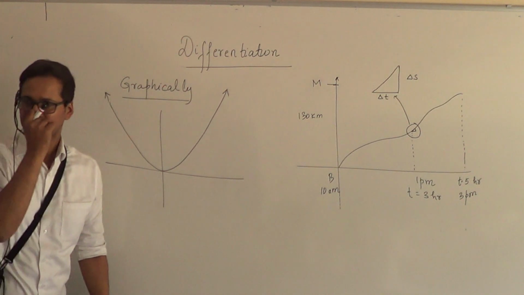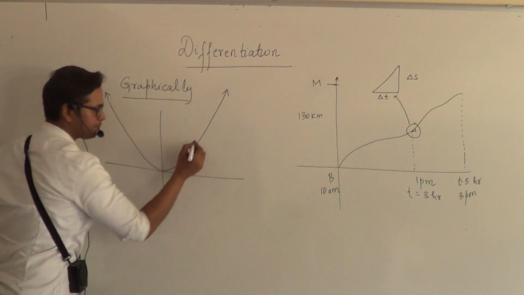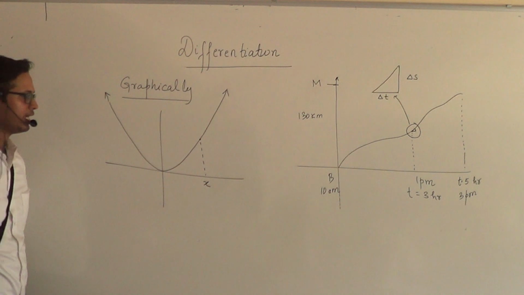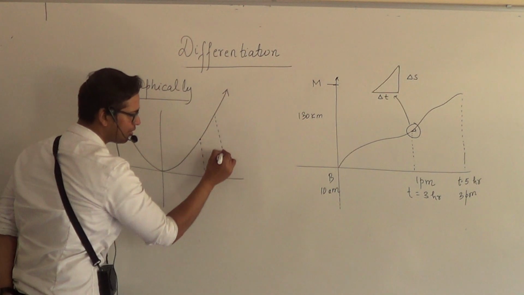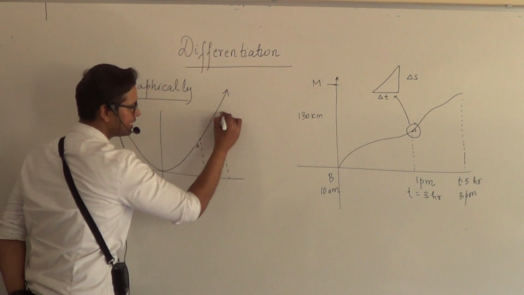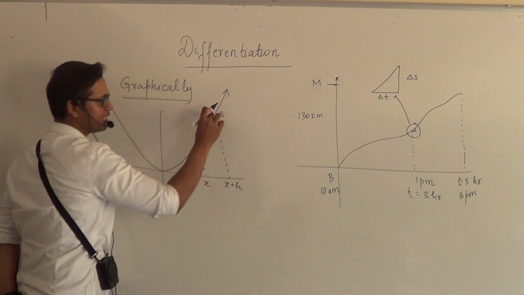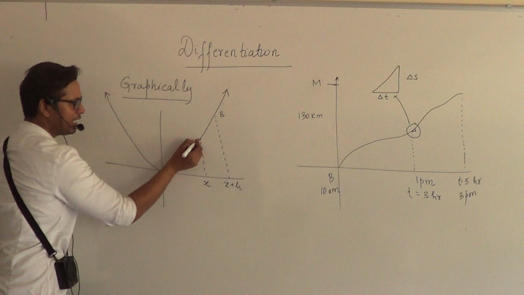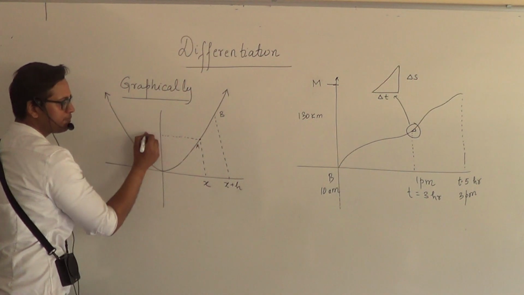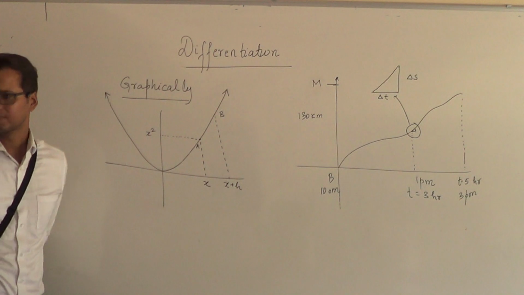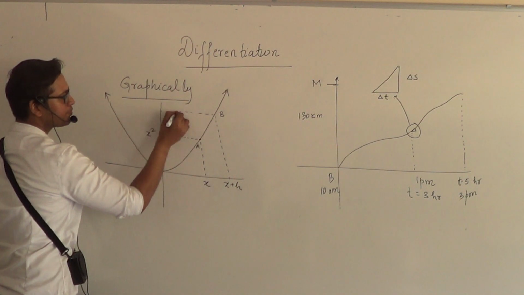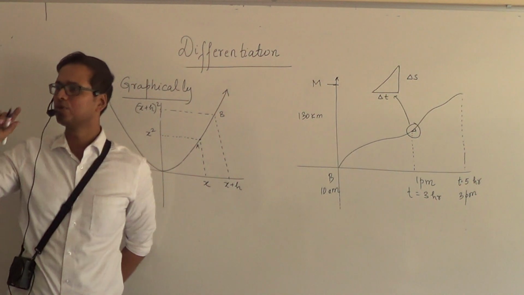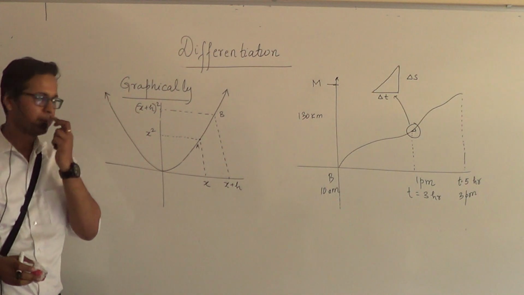On this parabola, take a point A at x, and a point B slightly away from it, with x coordinate x plus h. What will be the y coordinate of A? f of x, which is x square. What will be the y coordinate of B? f of x plus h, or in this case, x plus h whole square. Everybody agrees, correct?